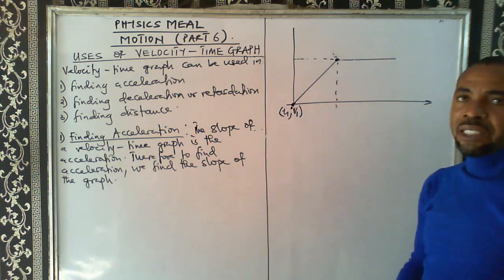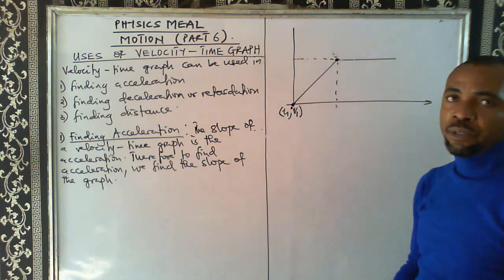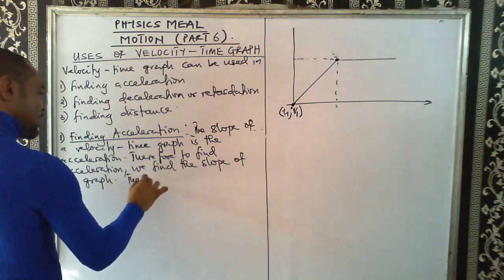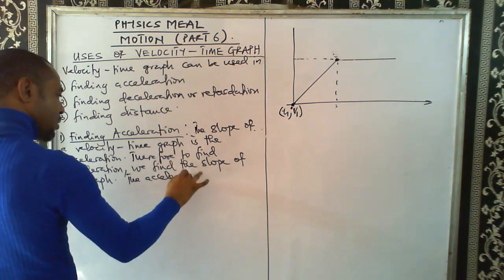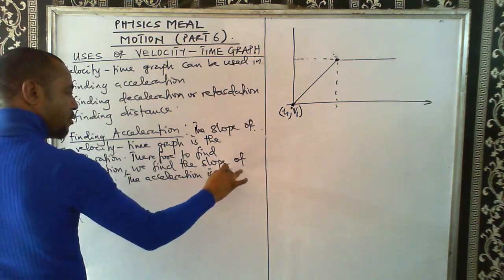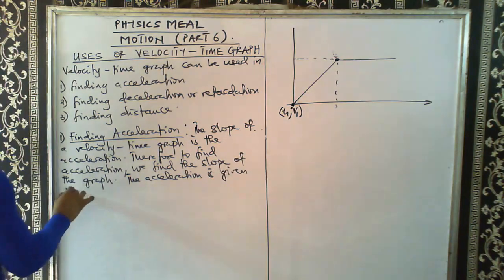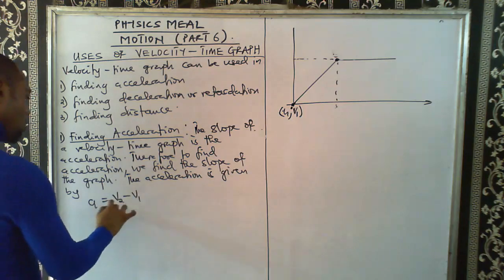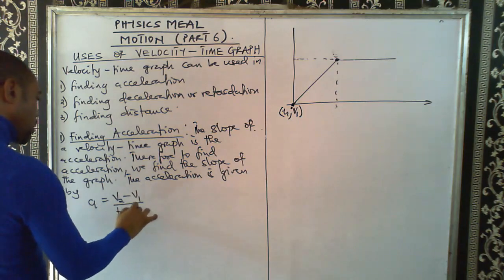So how do we get acceleration? Just by taking the slope. So we can now say the acceleration is given by A equals V2 minus V1 all upon T2 minus T1.